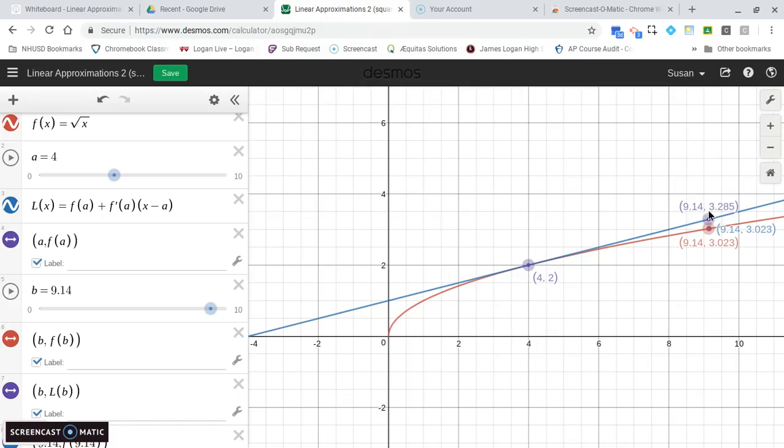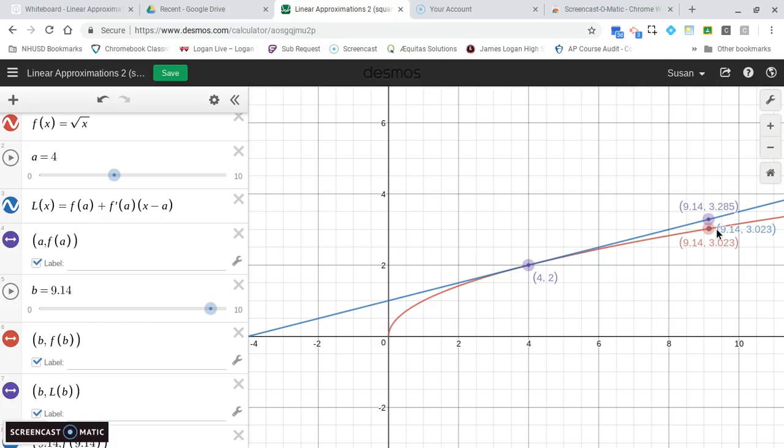I get a square root of 9.14 approximated to be 3.285. And if you compare those two y values, the only level of accuracy is to the ones place. They're completely off with respect to the decimal values. There's a huge gap, and you can physically see that gap between the tangent line and the actual curve.